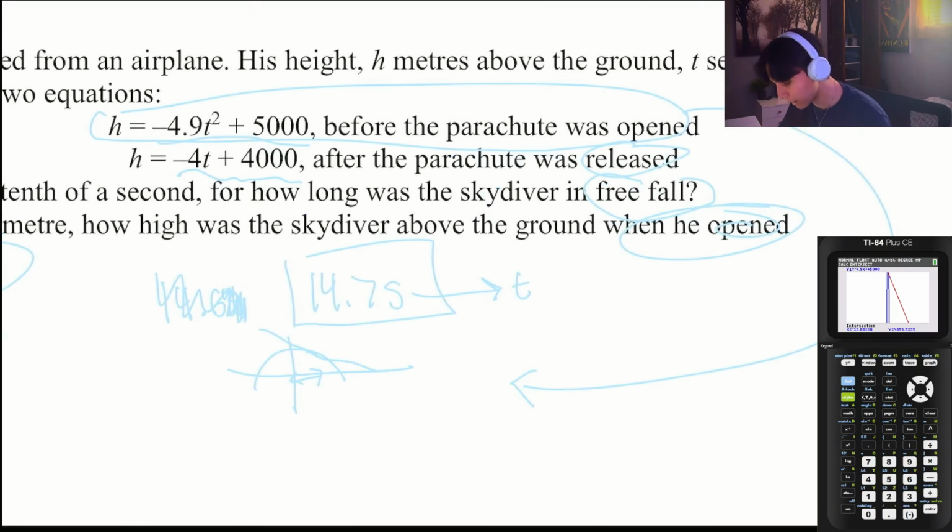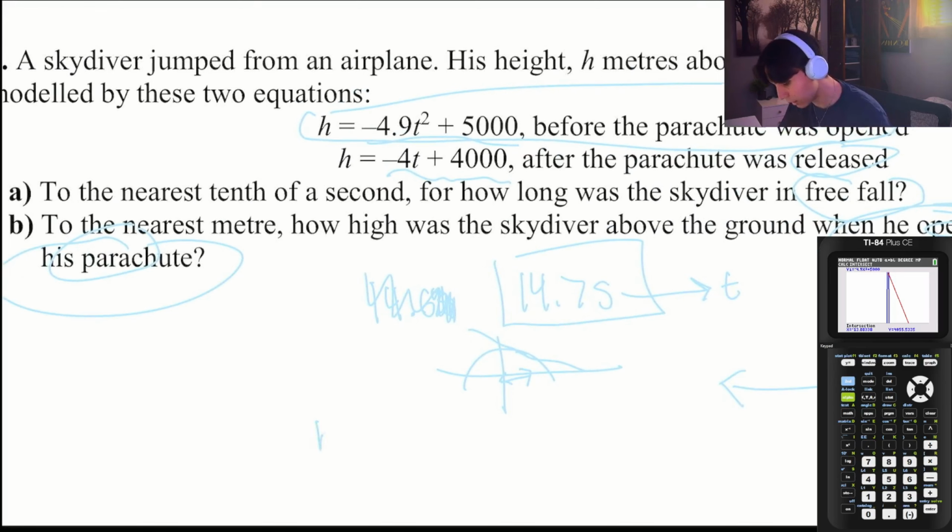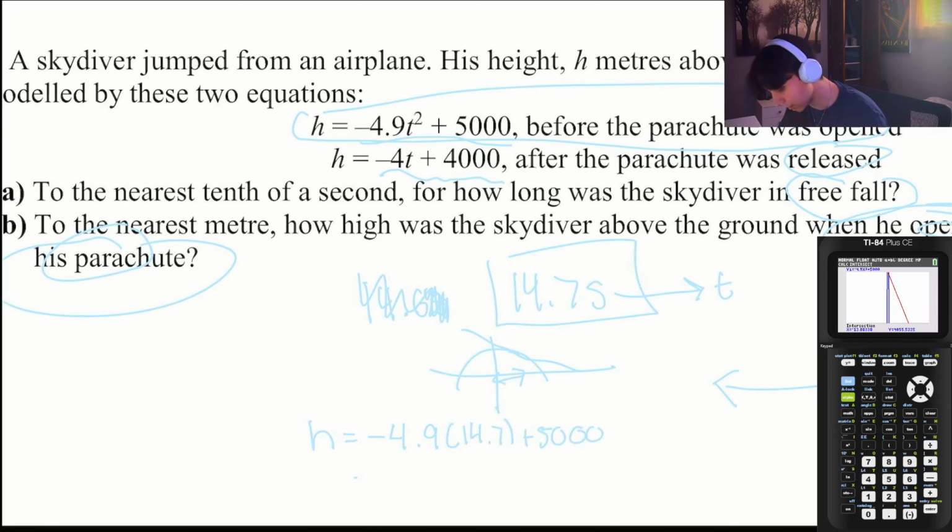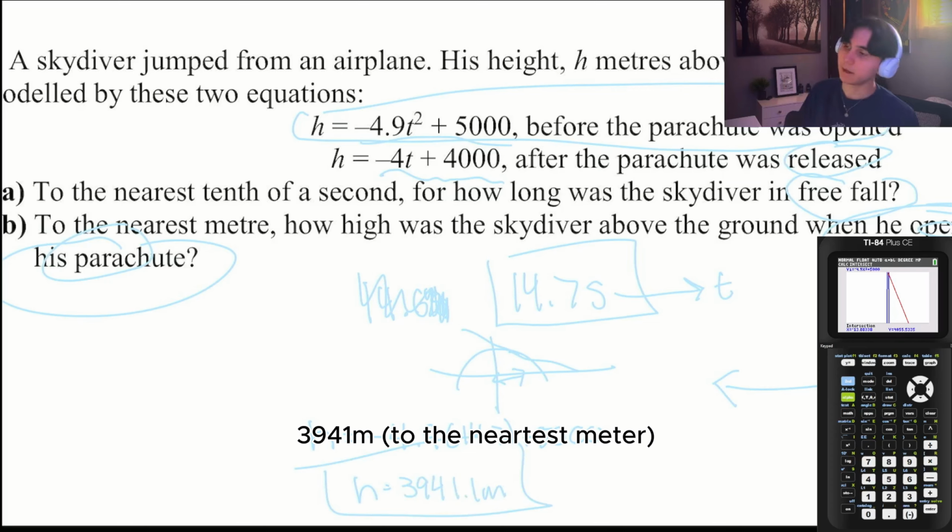So if we have our time as 14.7, all we have to do is plug in that 14.7 here. So 4.9 times 14.7 plus 5,000 gives us our height. Put this all up in your calculator. You're going to get 39,041.1 meters as your height here. And that is how you solve this question.